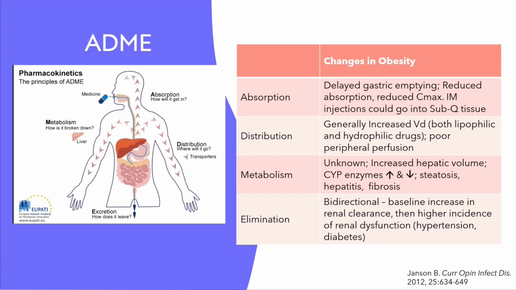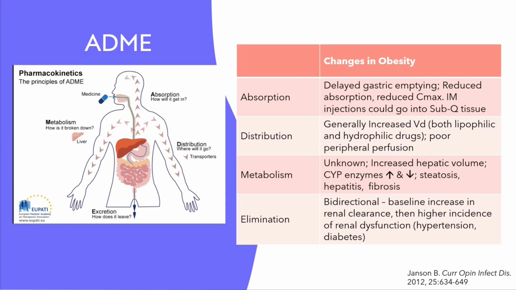Then moving into distribution, when we think about distribution with medications, it's usually measured using volume of distribution, which is essentially a theoretical value, calculated by dividing the dose given by plasma concentration.